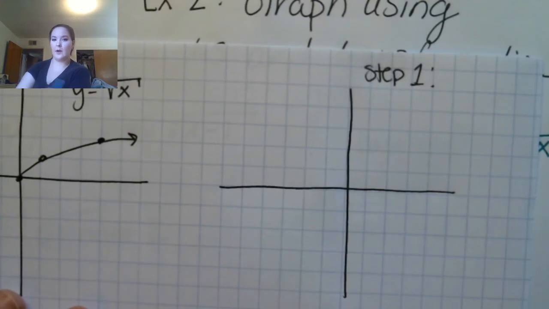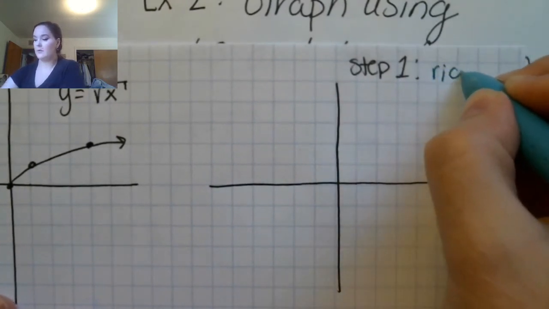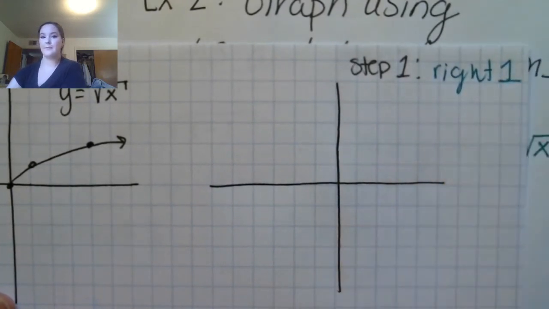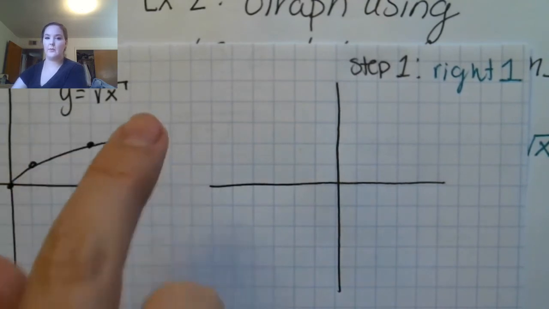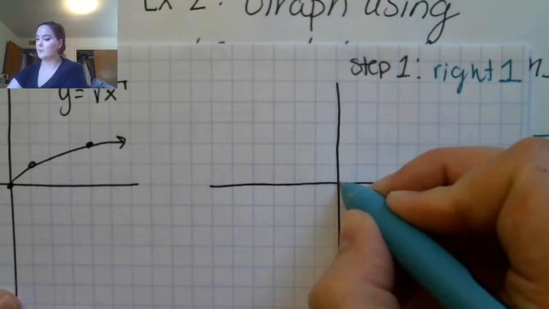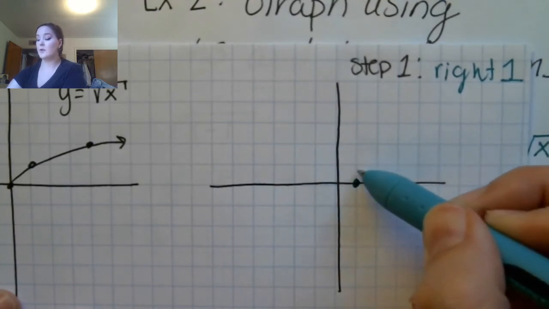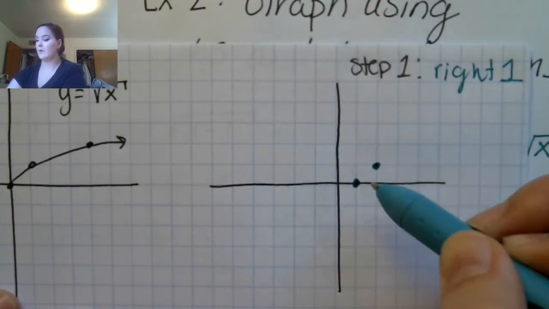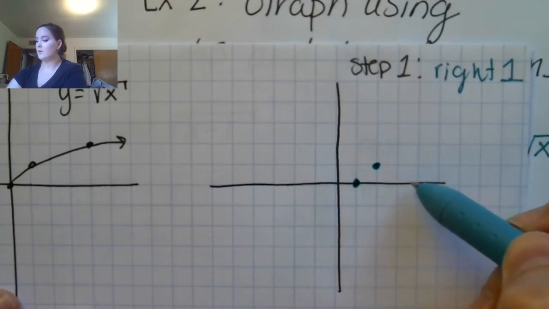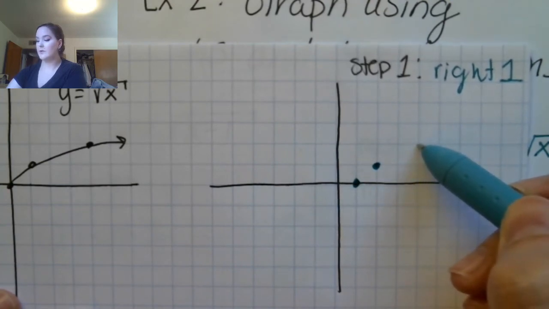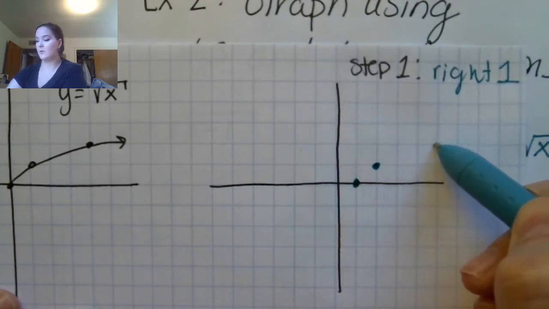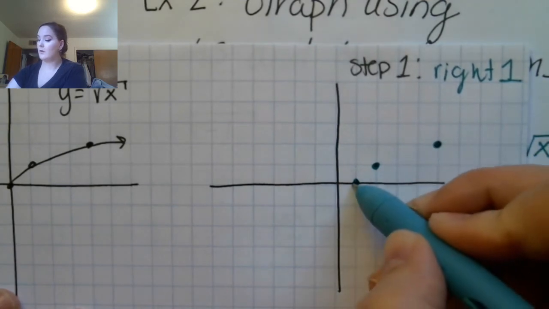We're going to take all of our key points and move them right 1. So we'll move the graph end to the right 1. We'll move the second key point over 1. Here's our old key point, and we're going to move it to the right 1.